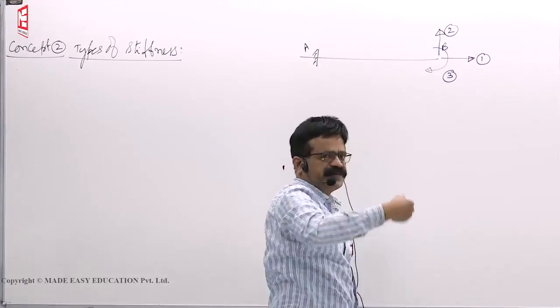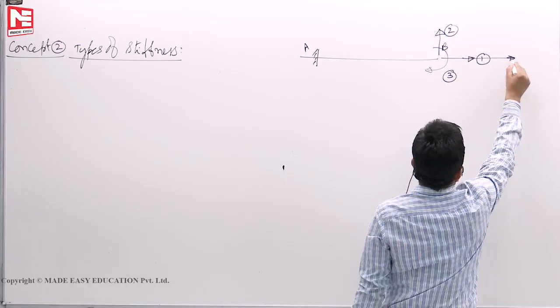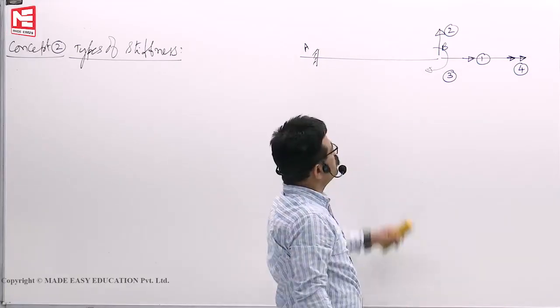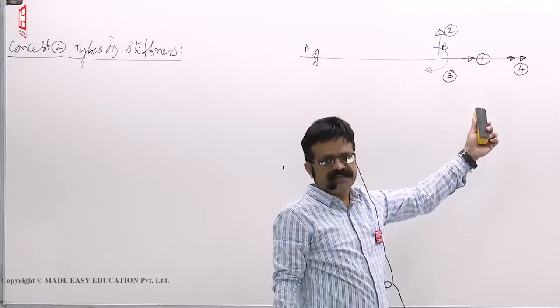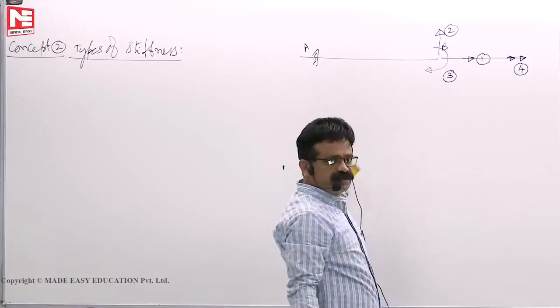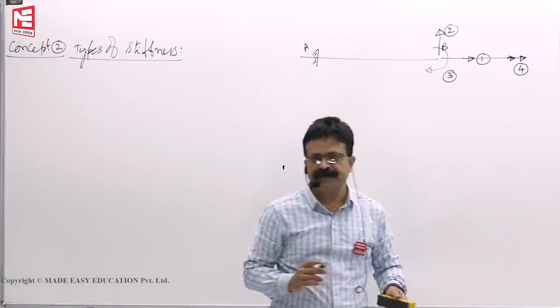It can also get twisted. So twisted means I can show it like this. So like this, for all possible displacements, you have to give the numbers to them. Then whatever you have studied in SM, you will write them in a systematic manner.